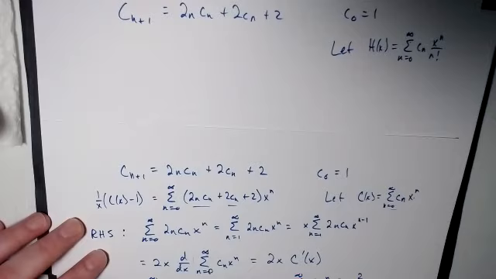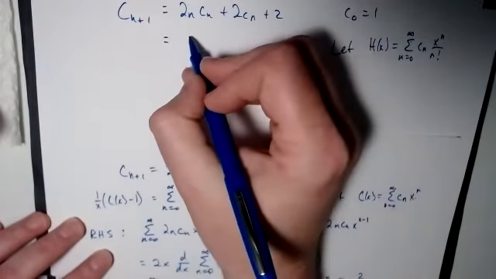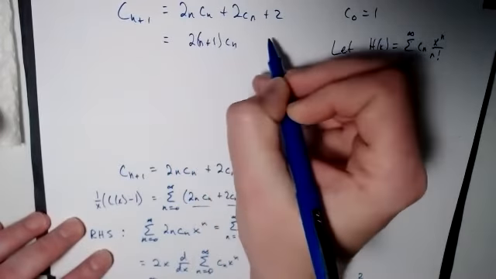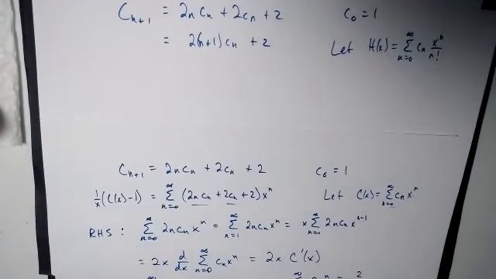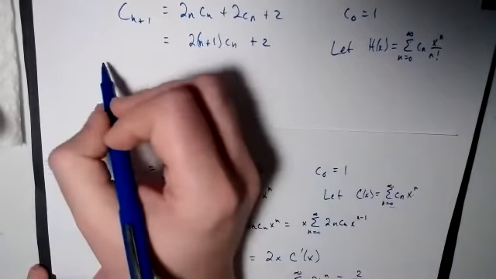So now let me rewrite this as 2 times n plus 1 Cn plus 2. It'll just make our lives a little bit simpler. So then the left-hand side, or sorry, we'll do the whole thing here.